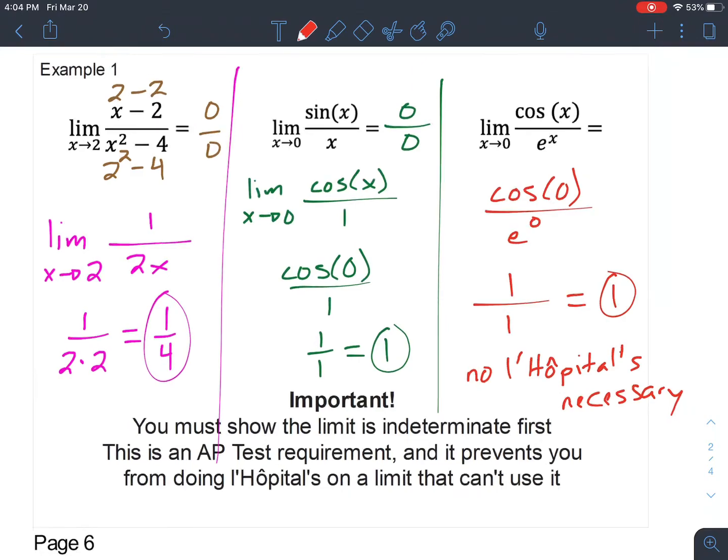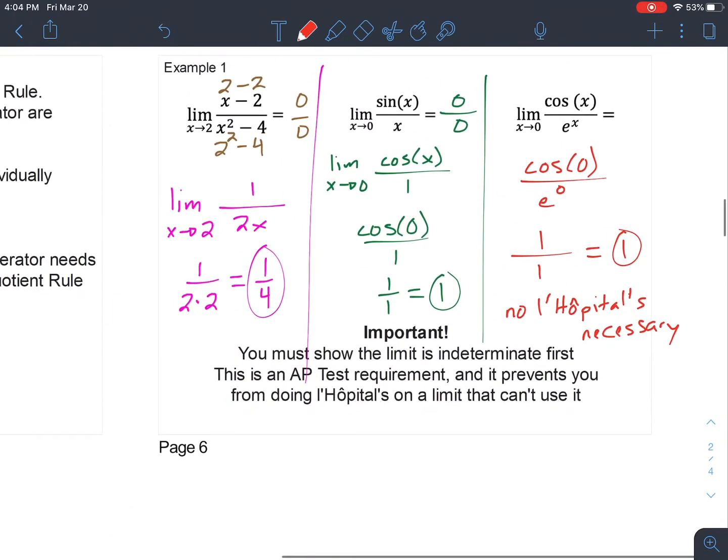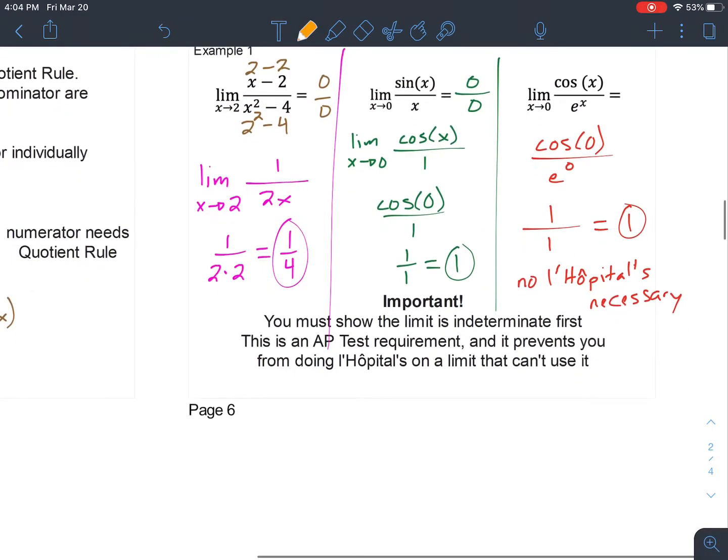Now, I do want to show you quickly, though, in case you do think that you could have solved it with L'Hopital's anyway, and you were trying to get the derivative, let's just demonstrate that. Let's pretend we didn't know it was indeterminate. We went ahead, we found negative sine of x on top, we found e to the x on bottom.